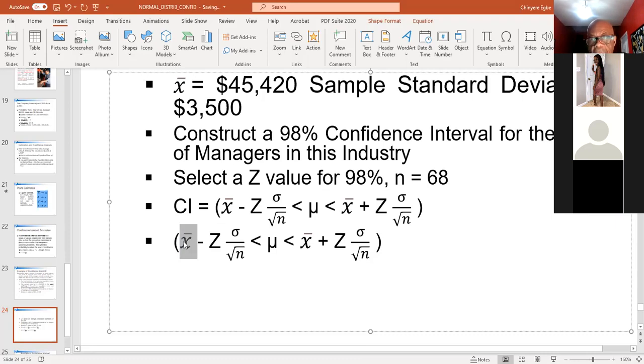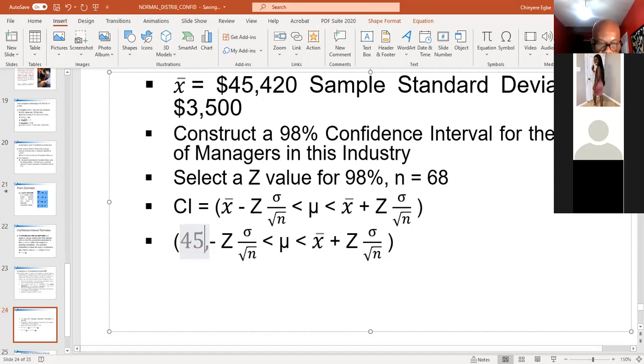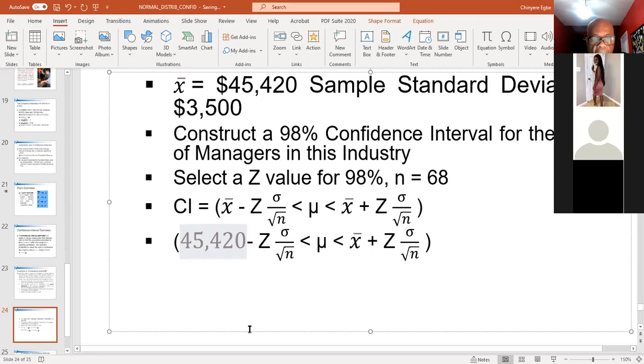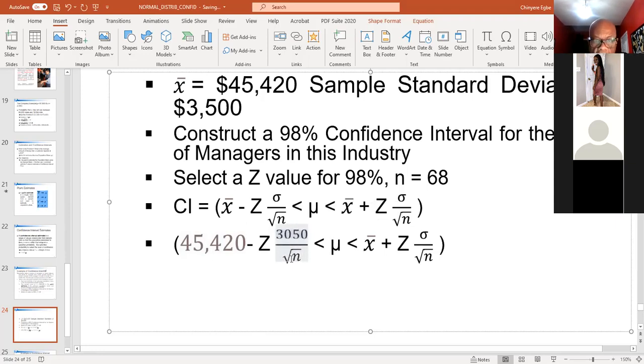So the confidence interval would be: X bar is what? 45,420. Am I correct? Yes. Okay, 45,420. And we didn't get Z yet. We know what sigma is, 3,050, and n is 68.